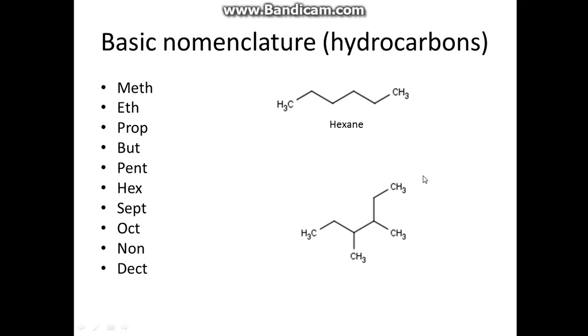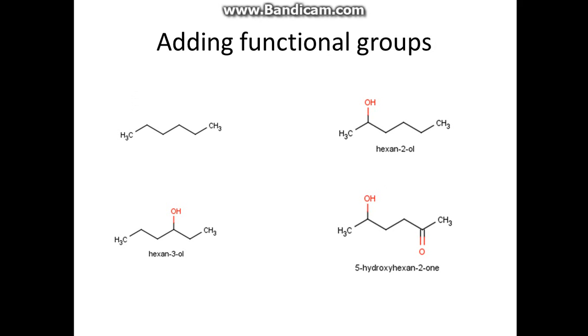So I'm going to go into some functional group naming and how you add them. Obviously we know this is hexane here, and I've numbered them 1, 2, 3, 4, 5, 6. So hexan-2-ol: as a functional group, such as your hydroxyl functional group here, or your alcohol as it's also called, binds to a carbon, it gets given a number. Generally this is a suffix unless there's another group that takes precedence, and then you get prefixes as well.